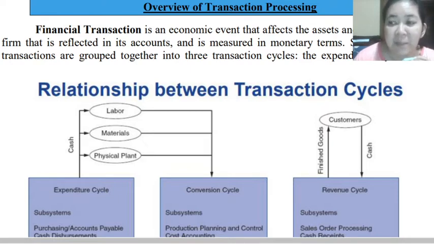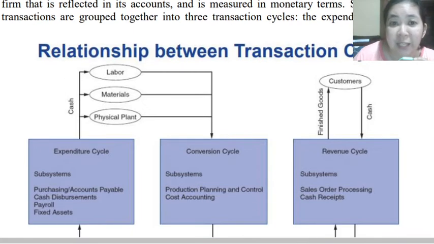These are the three main transaction cycles that take place and occur in a business firm. And usually our financial transactions are also recorded. Okay, so we have here the illustration for the relationship between the transaction cycles.